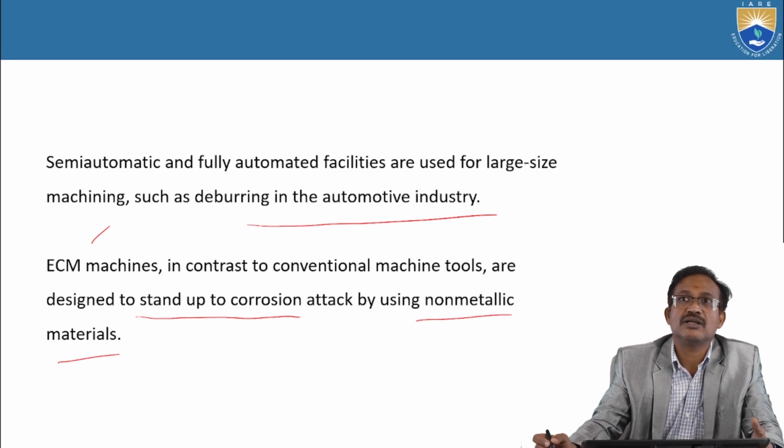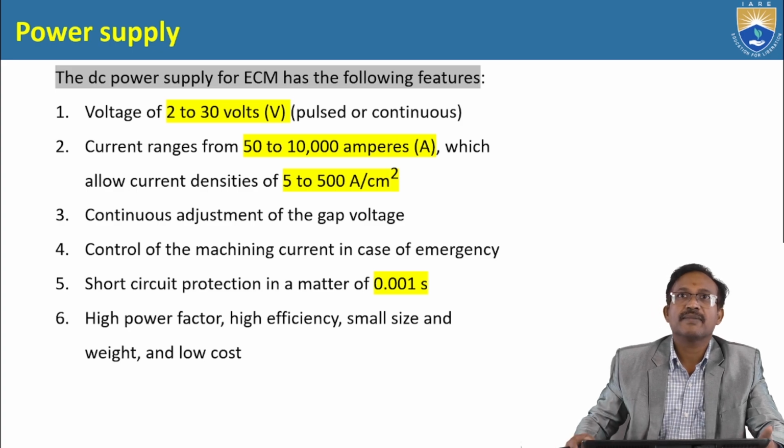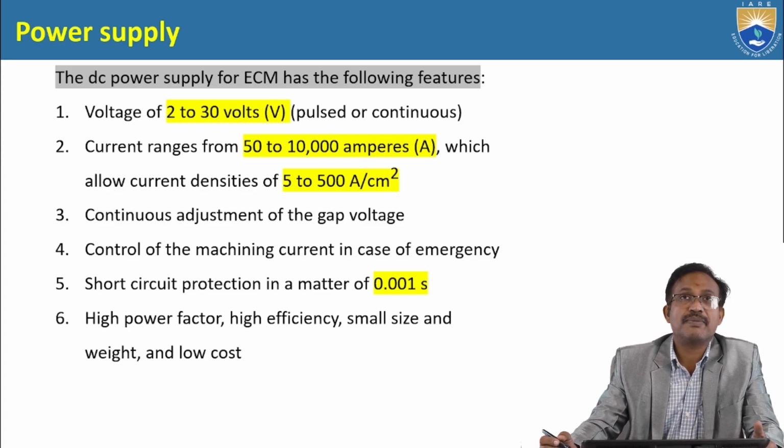Regarding power supply, the DC power supply for ECM has the following features. First, voltage of 2 to 30 volts, pulse or continuous.